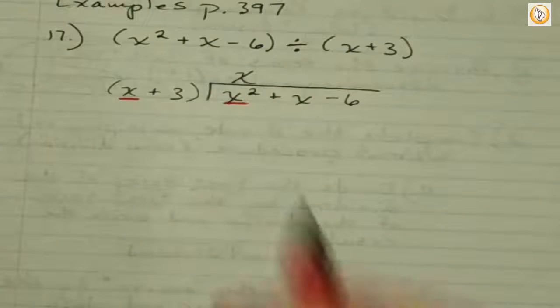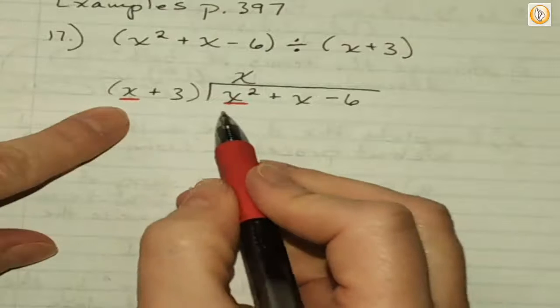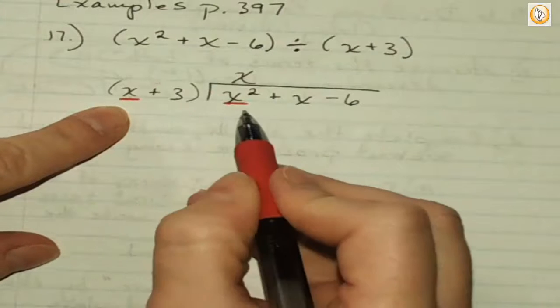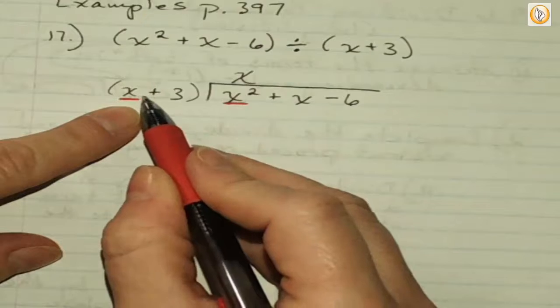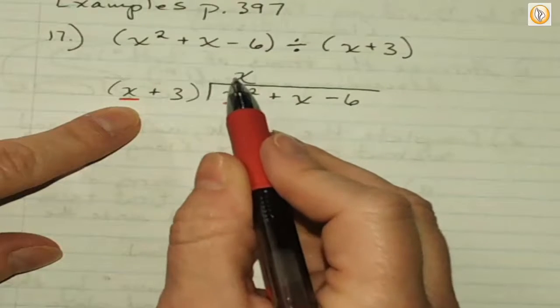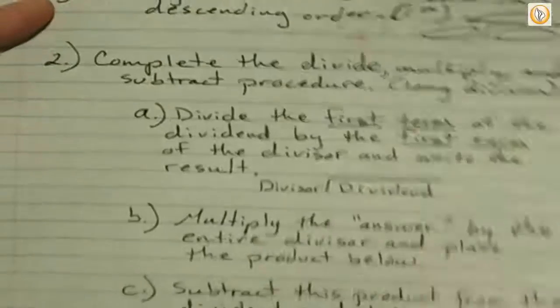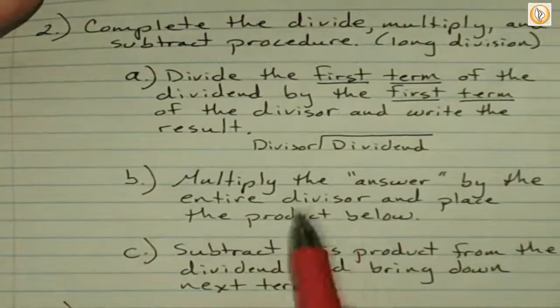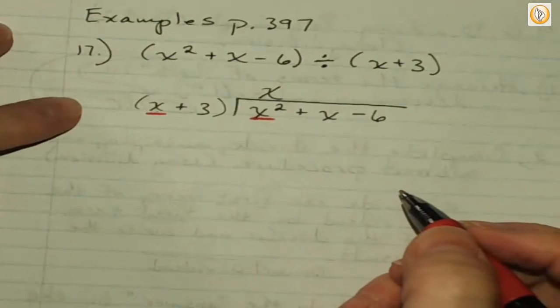Okay, so x squared, the first term of each, is all we're looking at. We're not even looking at that 3. We're looking at the first terms. X squared divided by x is x. So you place it on top. Now we multiply the answer by the entire divisor. So it would be like 2 minus 1.